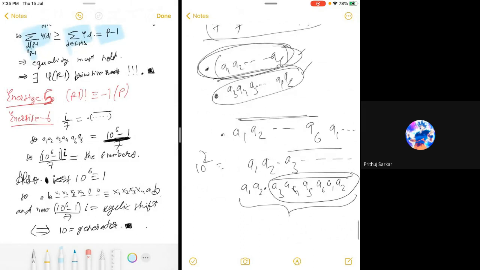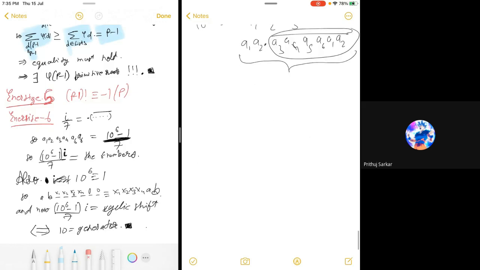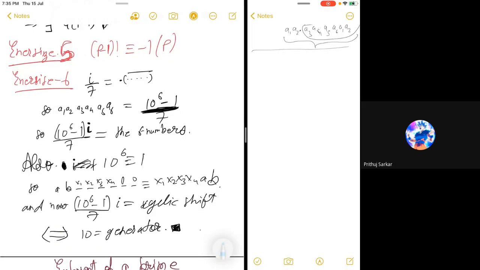So rather than proving that these are cyclic shifts, you can prove that the fractional part of this into 10 to the i is this. Okay. So now consider that i by 7 is some point a1, a2, a3, a4, a5, a6 bar. Then a1, a2, a3, a4, a5, a6 will be (10 to the 6 minus 1) by 7 times i.